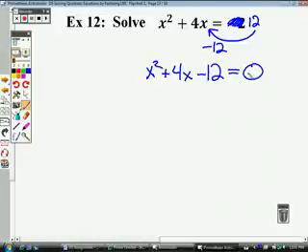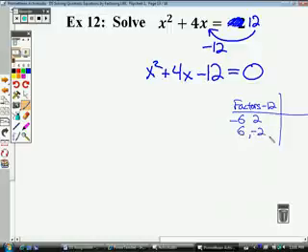Now we do the trial and error. That's right. Okay. So factors of 12 make 4. These 6 and 2. Doesn't that make 4 when you subtract? It is a negative 12. Like, positive 6, negative 2. Yeah, isn't that right? I'll just make a little list over here. Factors of negative 12: negative 6, 2, or a positive 6 and negative 2.